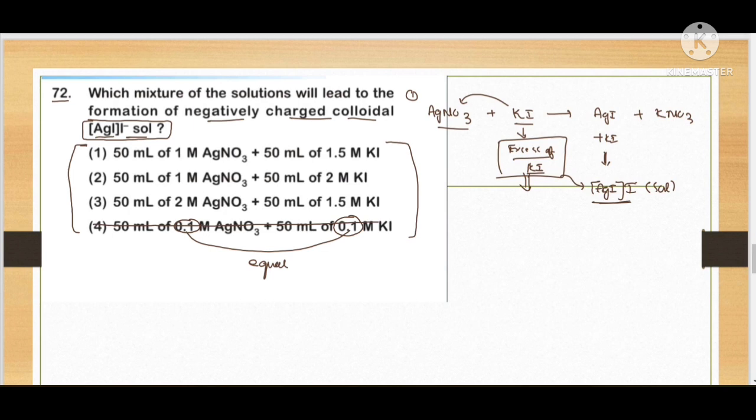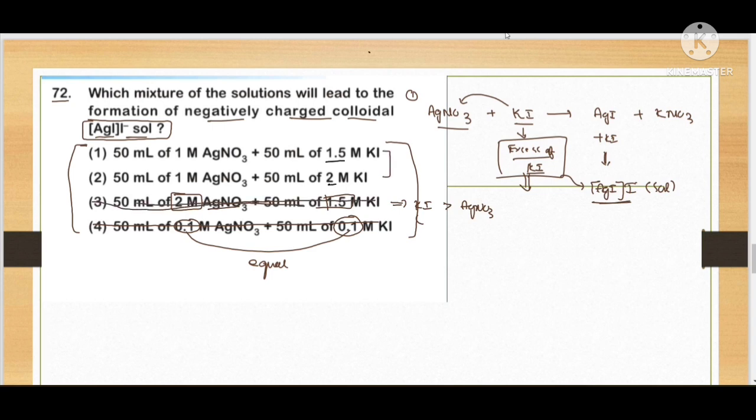Now let us come to option 3. Here we have 2 molar silver nitrate and 1.5 molar potassium iodide. But we know that the condition is that potassium iodide concentration is greater than silver nitrate concentration. Here in option 3, silver nitrate concentration is greater than potassium iodide. So option 3 is also eliminated.